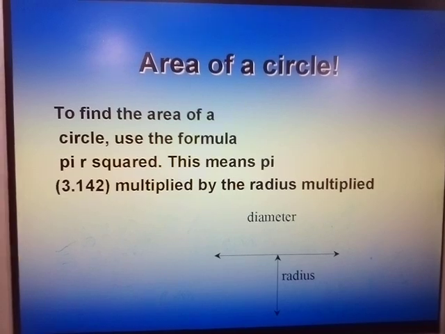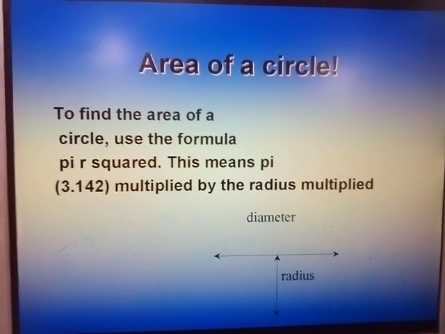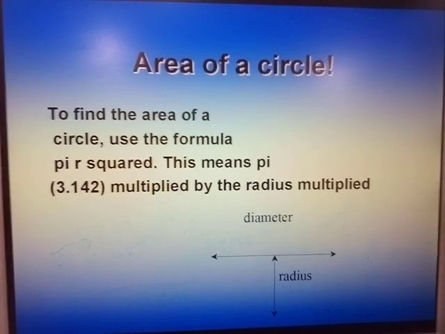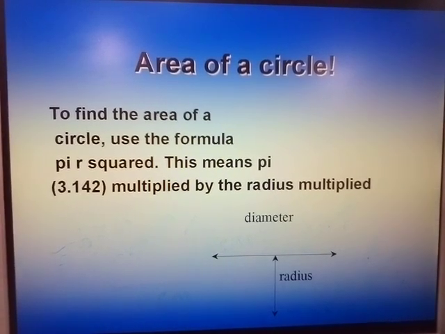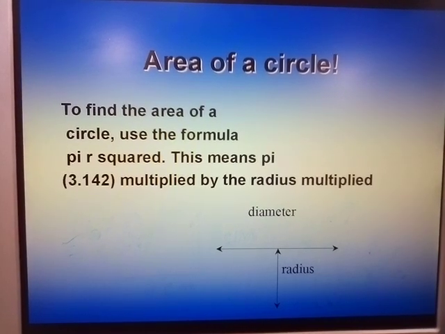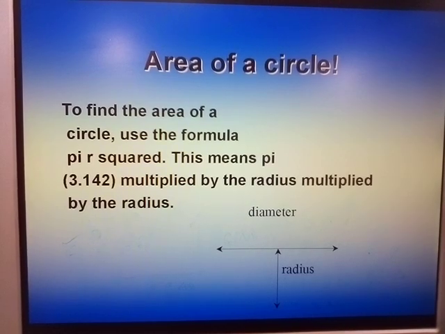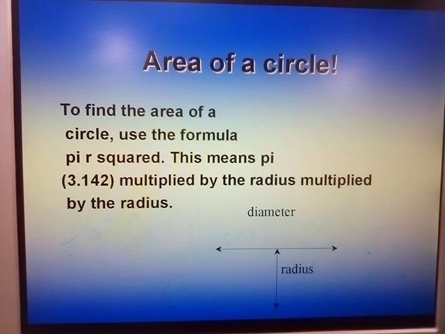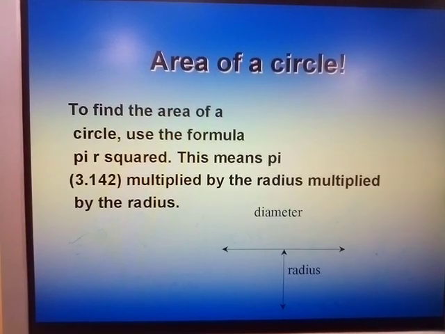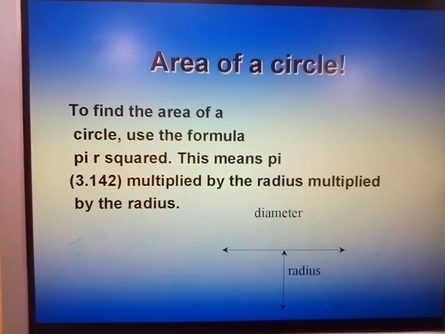You set your engineering calculations as 3.142. Whether you're in China, whether you're in India, whether you're in the United States or the United Kingdom, that will still be 3.142. Okay. Multiply by the radius, multiply by the radius, that's r squared.